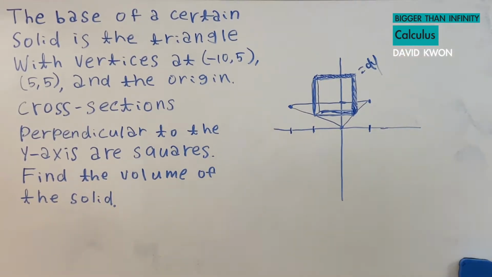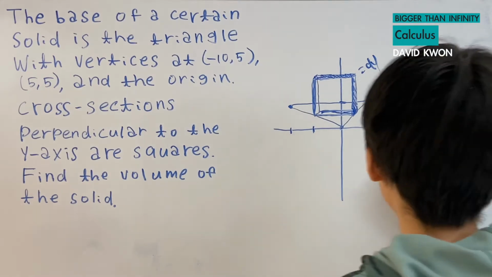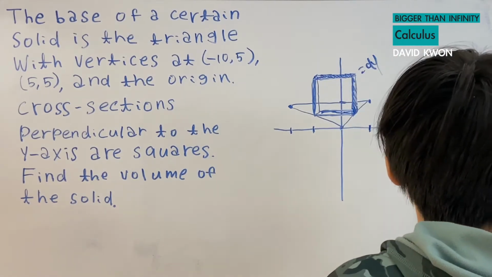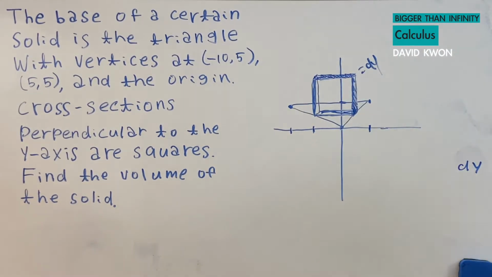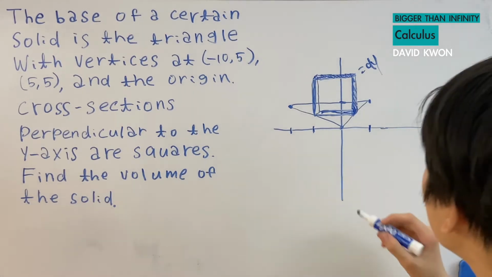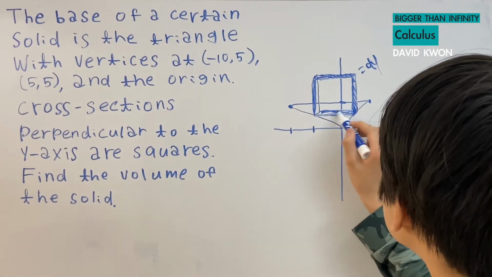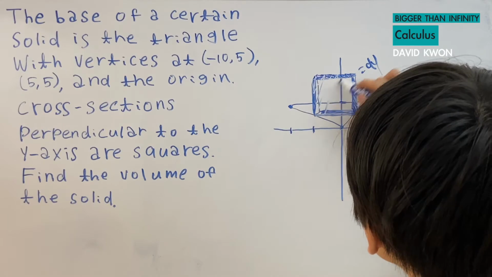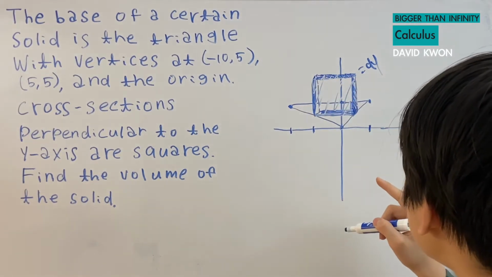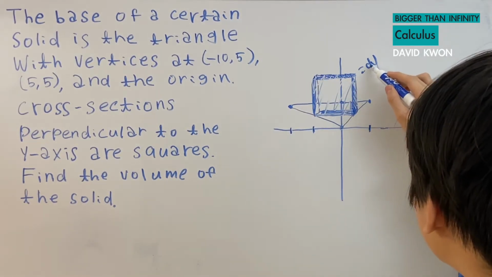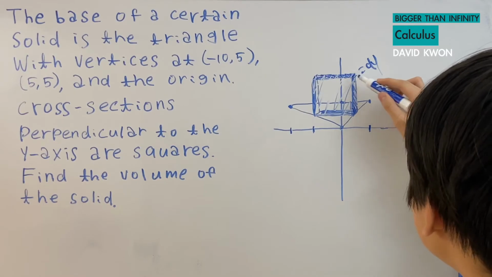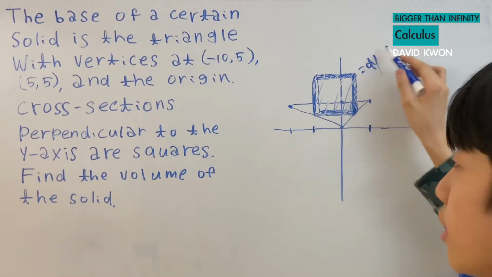So we know our equation that we will solve in the future will be in terms of dy. And another thing, we need to find the volume of this box. One of the lengths we needed to find was dy, and we found that.